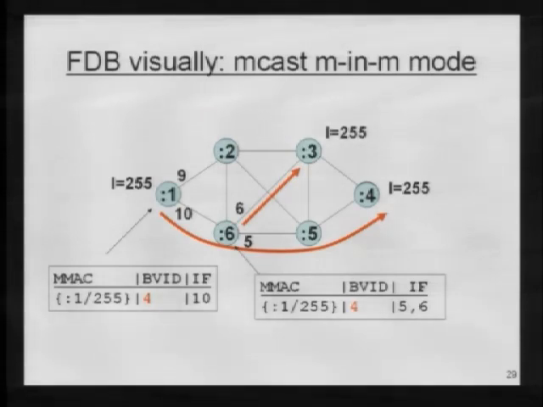Node 1, if it wishes to originate packets which are going to go to the other 2 members of this group, launches a multicast packet with a header that says the destination address says I've come from node 1 and I'm a member of group 255, using the format that I just showed, and it'll pick the BVID according to which route it wants to use, which shortest path tree it wishes to use. Of course, the outgoing interface from node 1 is 10, and node 6, because it's doing replication, has 2 outgoing interfaces for the same multicast address, the same BVID, 5 and 6.